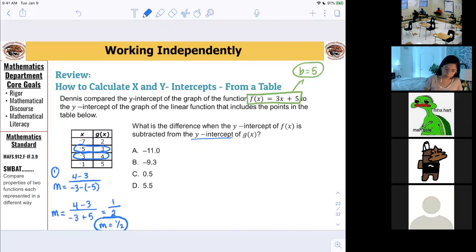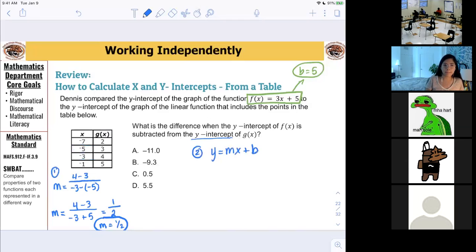So now that I have my slope, what do I do to get my y-intercept? You did the y-intercept formula. Yeah, so I have to write down y equals mx plus b. And I'm going to plug everything in except for the b. So I need 1 point from this table. Any of these points works.